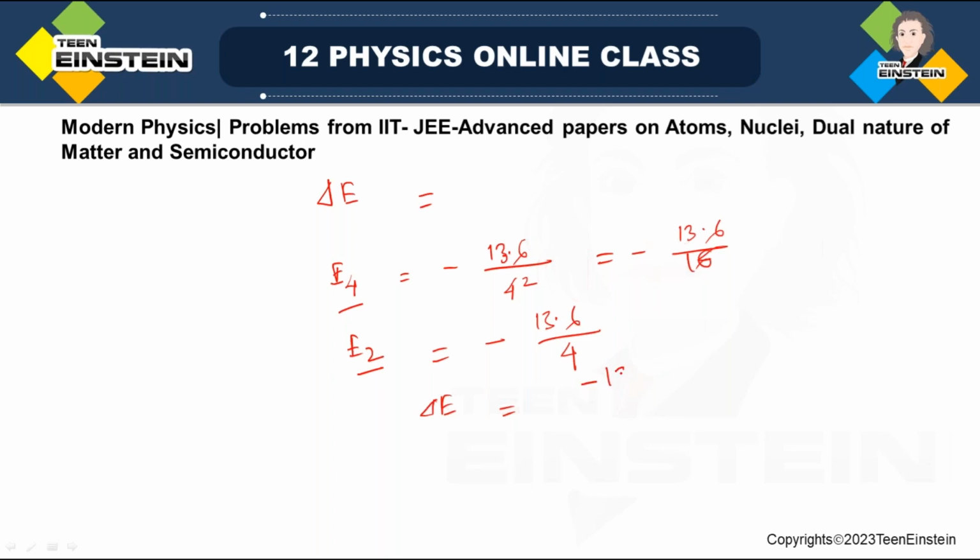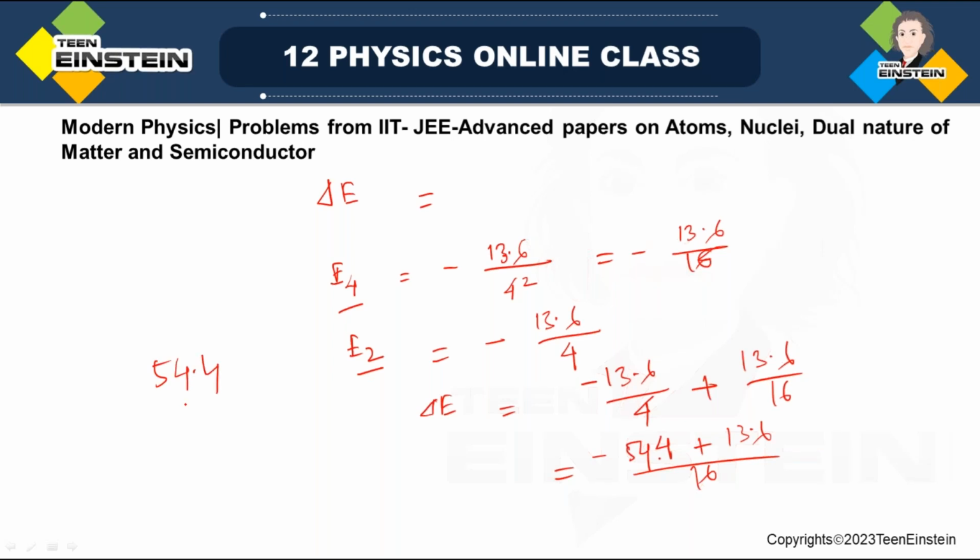So minus 13.6 by 16, and this will be a positive sign here, 13.6 by 4.